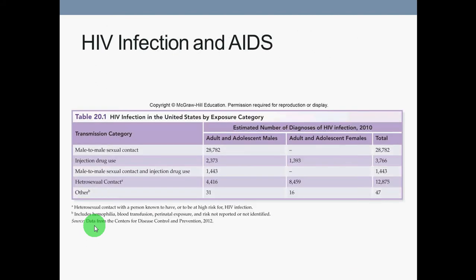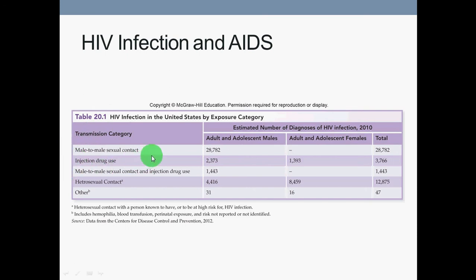What this is showing you are the different ways that people have acquired HIV infection, and the estimated number of diagnoses in 2010. So as you can see, most of the people that acquired HIV in 2010 acquired it, we think, by male-to-male sexual contact.